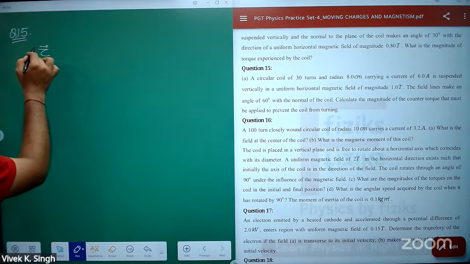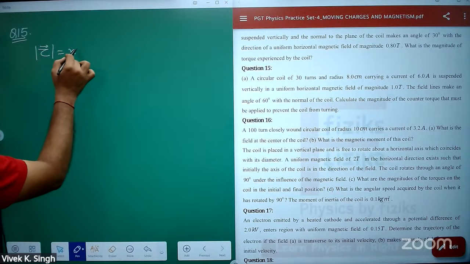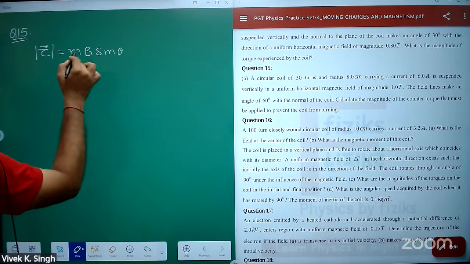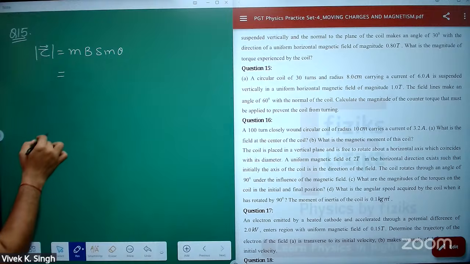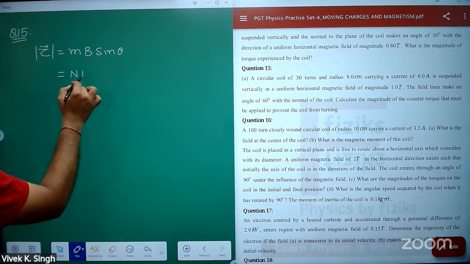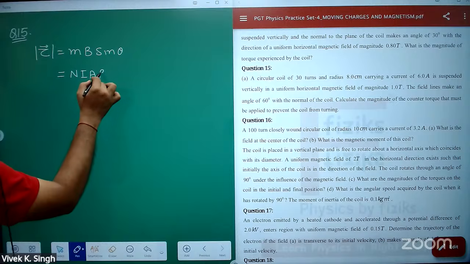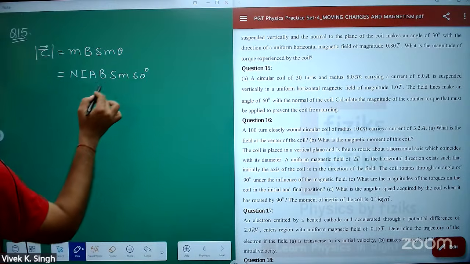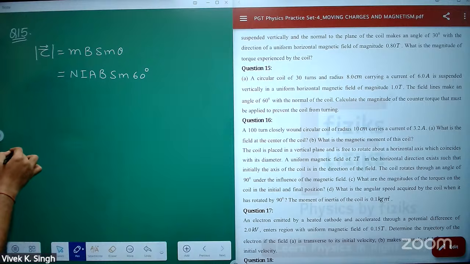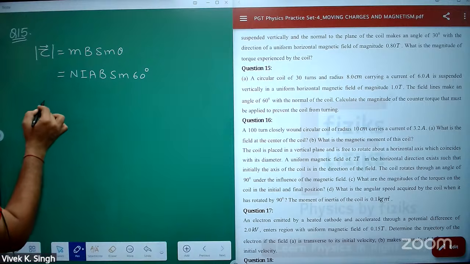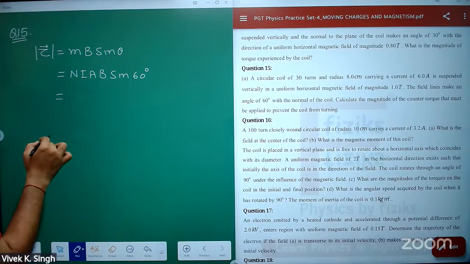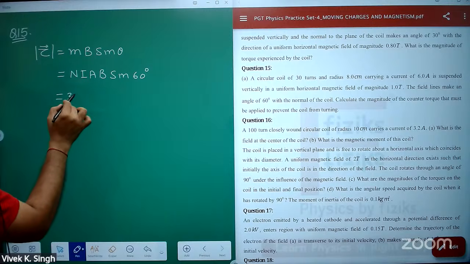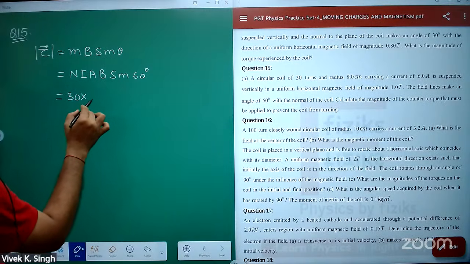So the magnitude of torque is given by MB sine theta. M is given by NIA, B sine of 60 degree. N, the number of turns, is 30. Current is 6 ampere.